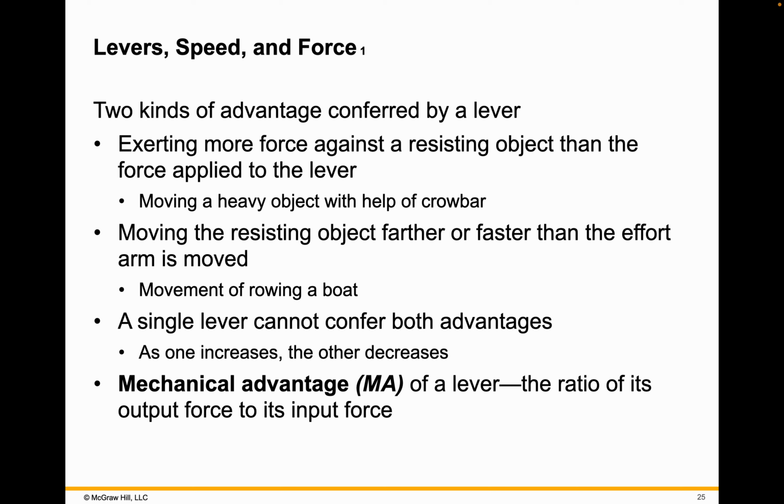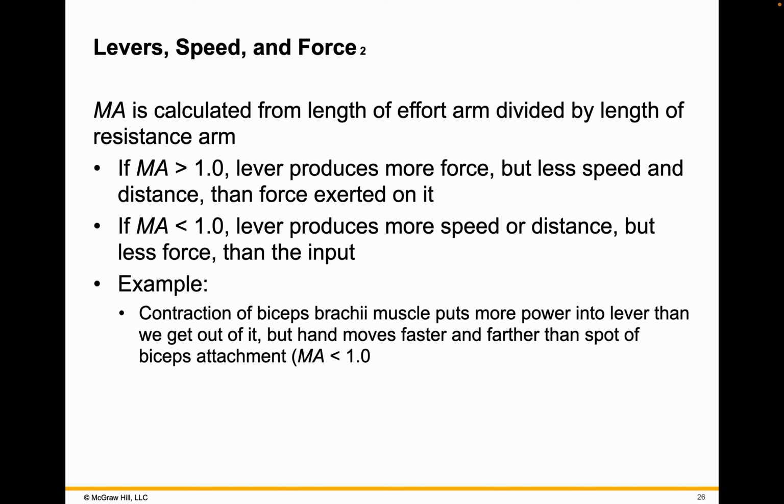When we talk about the mechanical advantage of a lever, it's the ratio of its output force to its input force. That mechanical advantage is calculated from the length of the effort arm divided by the length of the resistance arm. If the mechanical advantage is greater than 1, the lever produces more force but less speed.